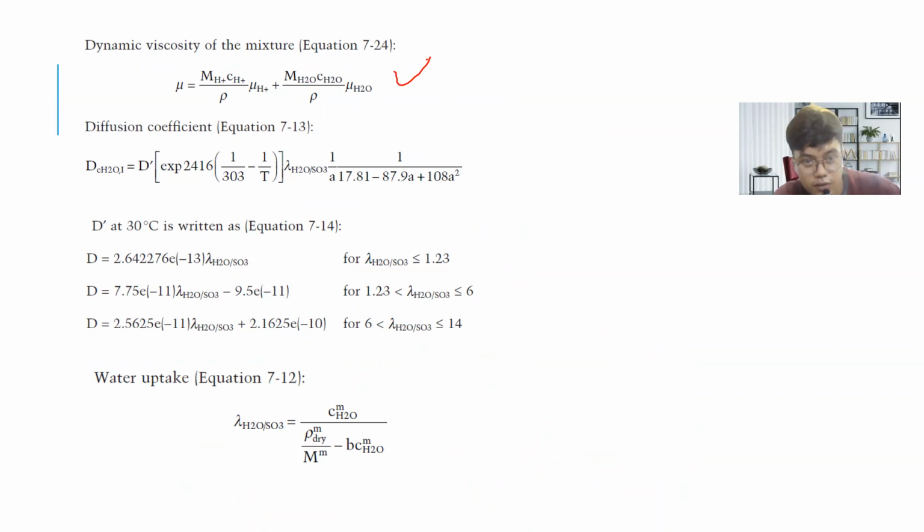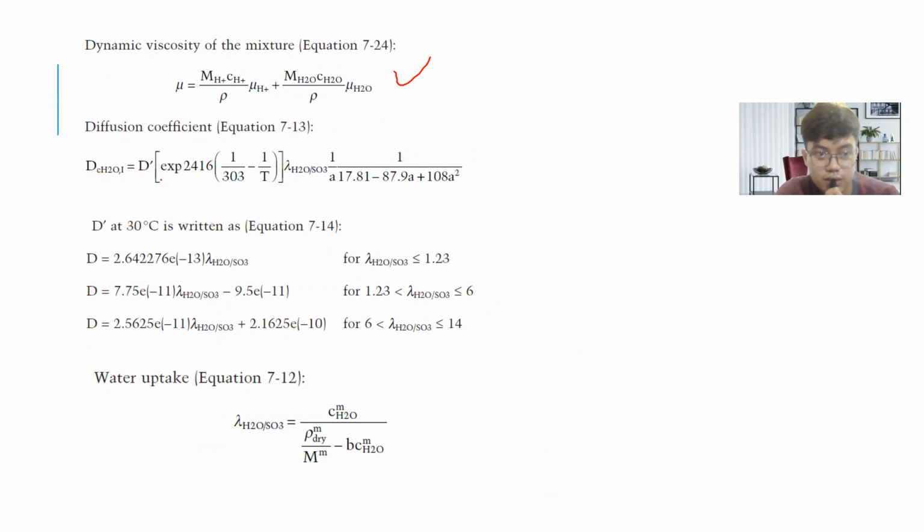For the diffusion coefficient, we know that the diffusion coefficient is defined by this equation. The diffusion coefficient at 30 degrees Celsius is written in equation 7.14.